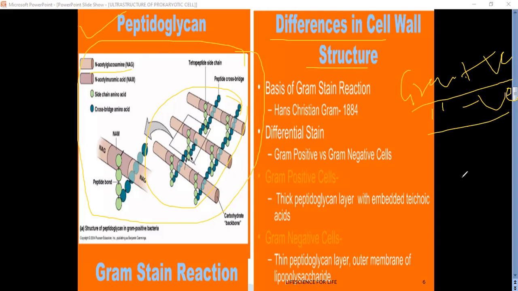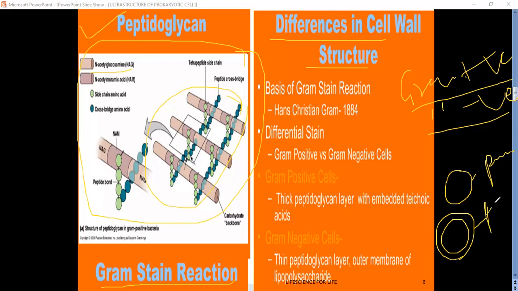If a gram positive bacteria has only the cell wall, then during the gram staining reaction process, it looks purple in color. The gram negative bacteria, in addition to the cell wall, has an additional layer known as the capsule. It looks pink in color during the gram staining reaction.